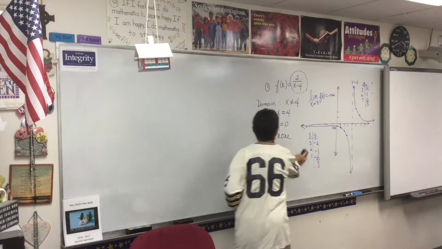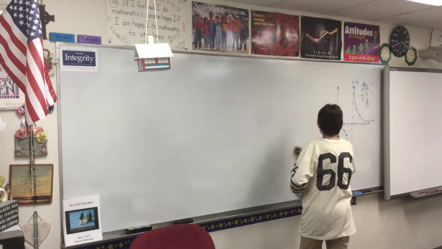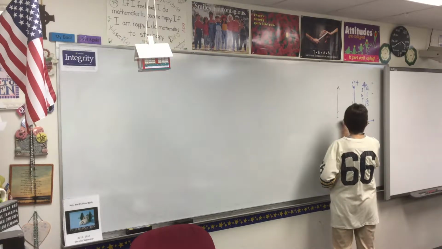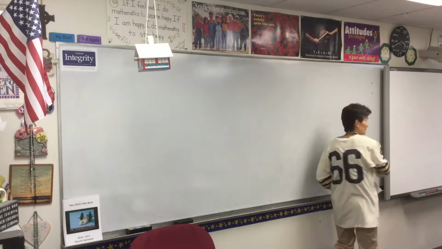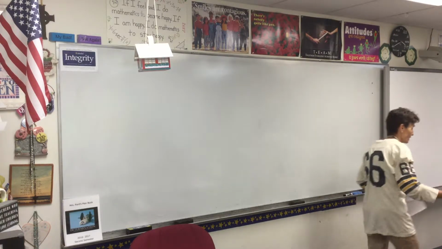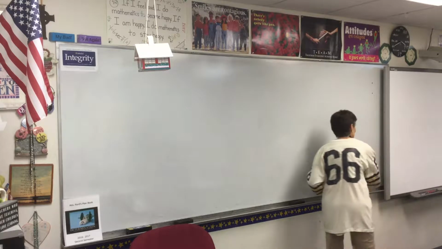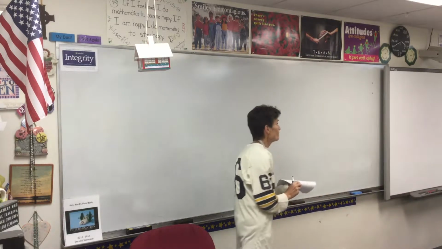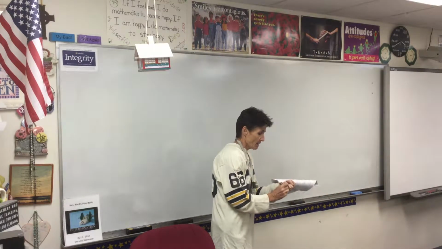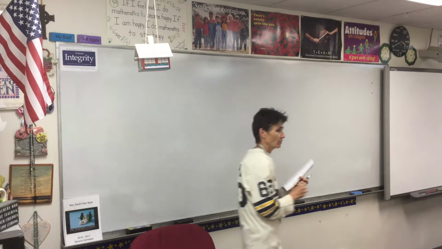Find the domain. Now, when you sit down on Monday to take this test, you are going to use whatever strategy works for you. But one thing you might think about is, what are the rules for domain? What are the things I have to be on the lookout for?